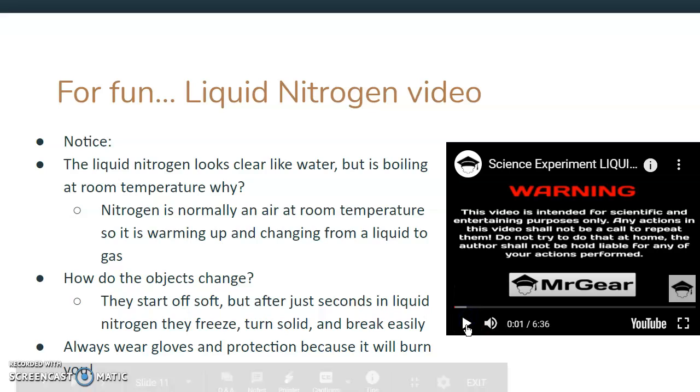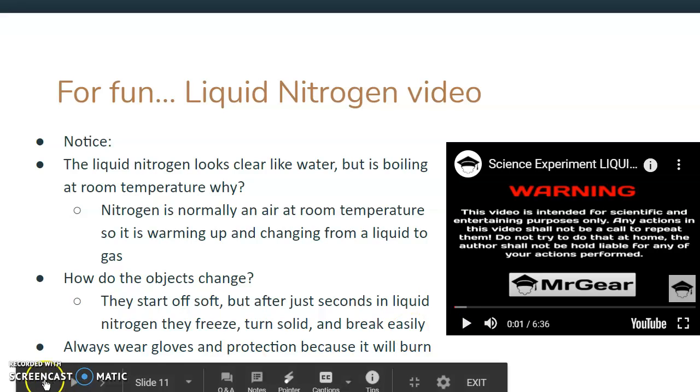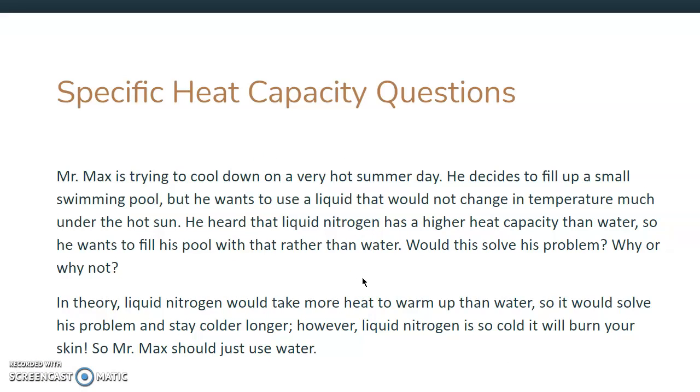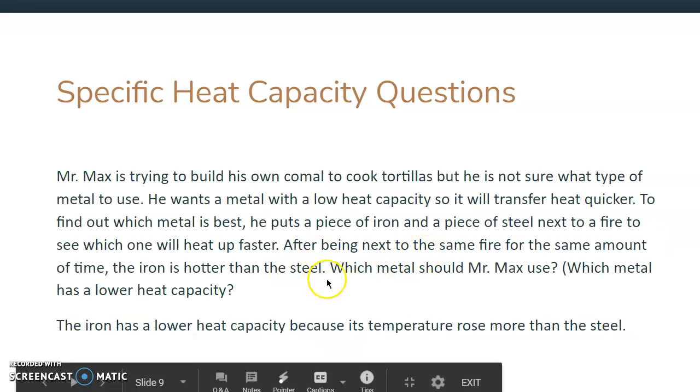But what we all are learning about is heat capacity. Some takeaways: heat capacity is how much energy an object can take without changing its temperature. Water takes a lot of energy without changing its temperature, but things that have lower heat capacities are really important too, like in my first question about my metal.